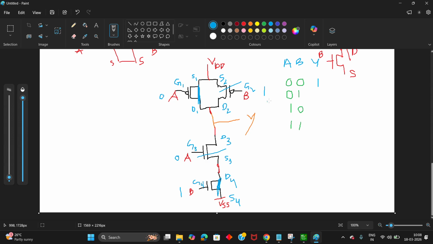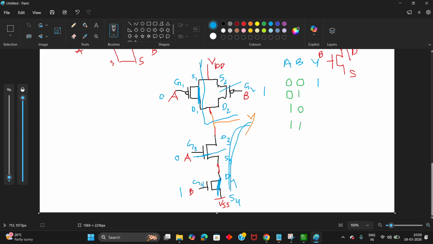Now if you see the path to the output, we are having a path like this, right? We don't have a path like this from VSS to the output. Why? Because the third transistor, that is the first NMOS transistor, is off. So you don't have a path from VSS to Y, that is output.